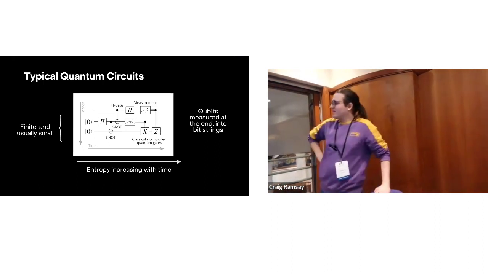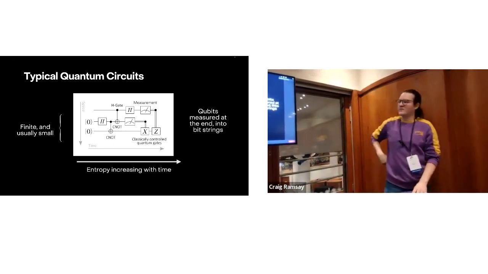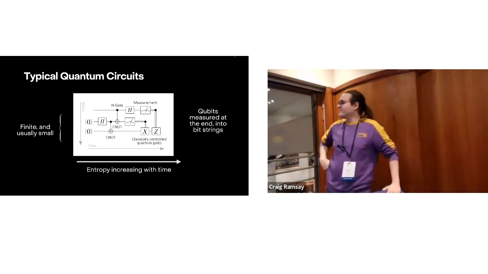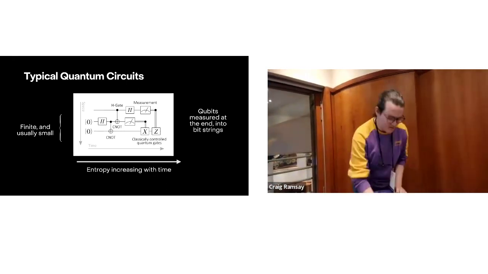Yeah, as I said, at the end, we measure all the qubits and we get back a bit string. We assume everything starts in the 0 state and everything in the middle is weird.